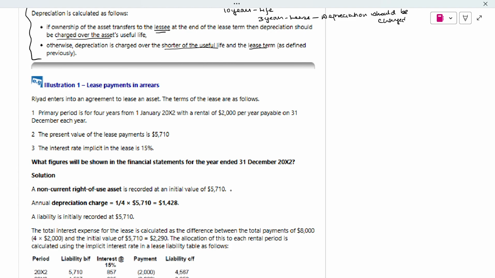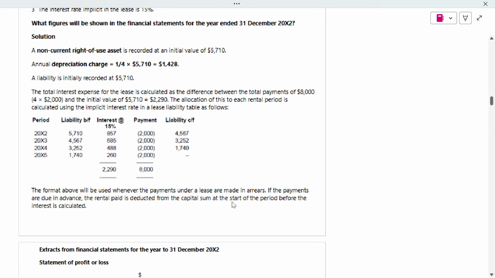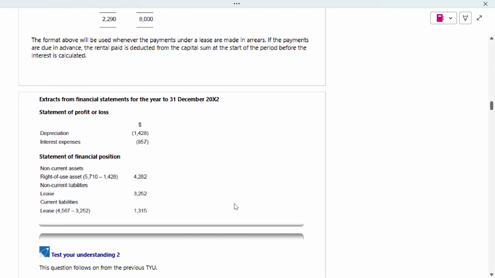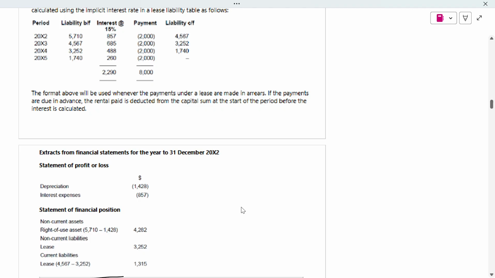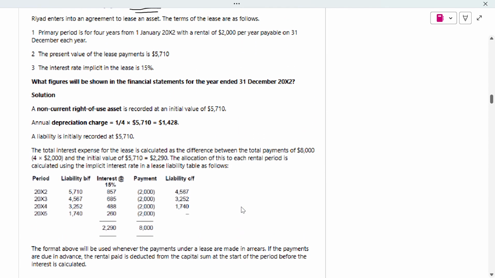They gave you an example. If it is in arrears, how do you have to calculate? If it is yearly, you have to calculate a complete solution, here till here. Okay, we have to do this slowly and understand each and everything.